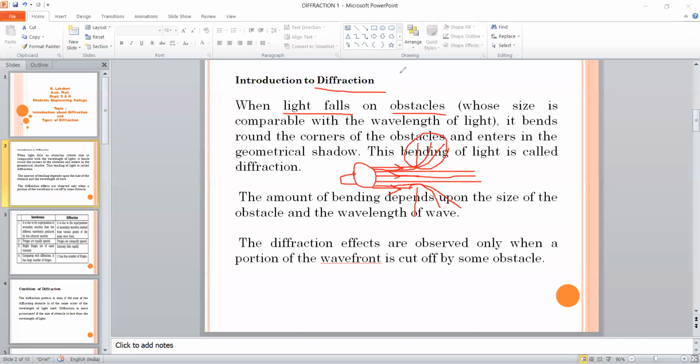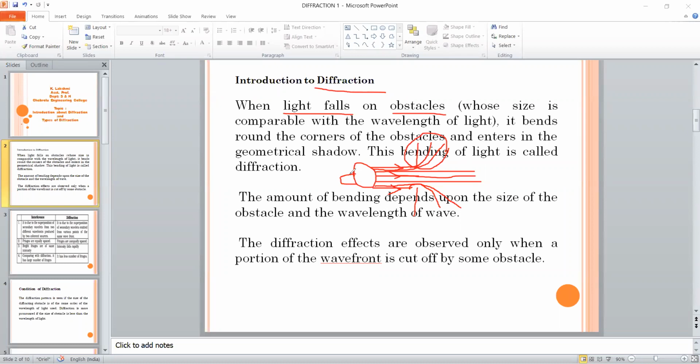So simply, the bending property of light is nothing but diffraction. The amount of bending depends upon the size of the obstacle and the wavelength of the wave.